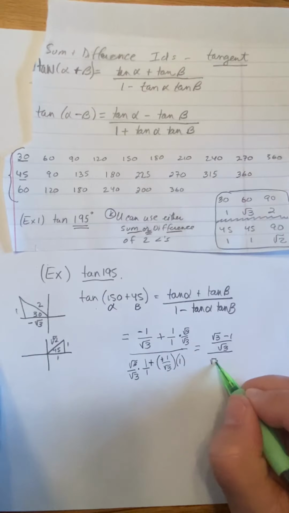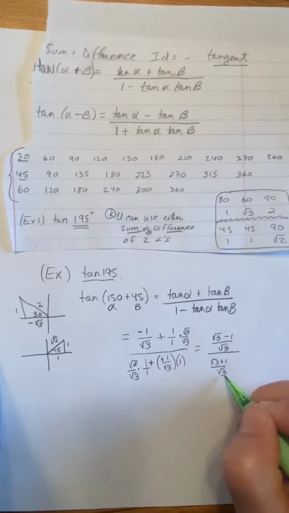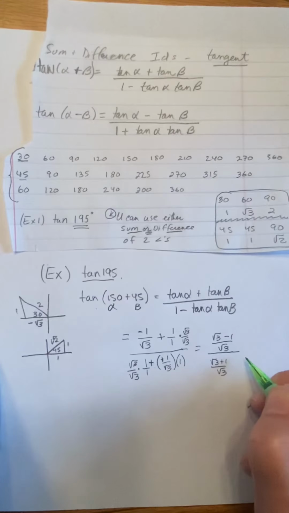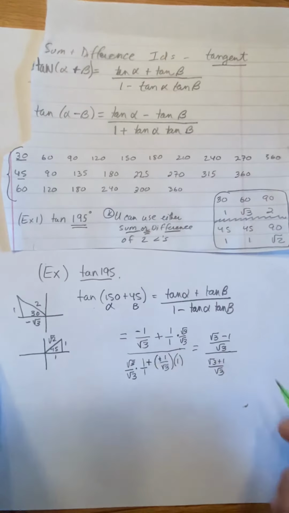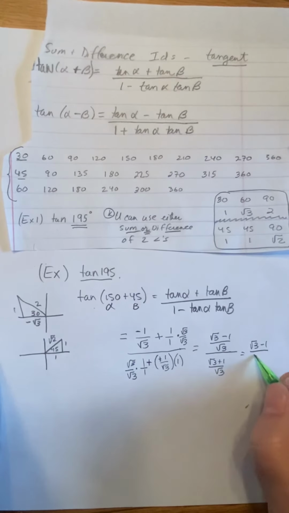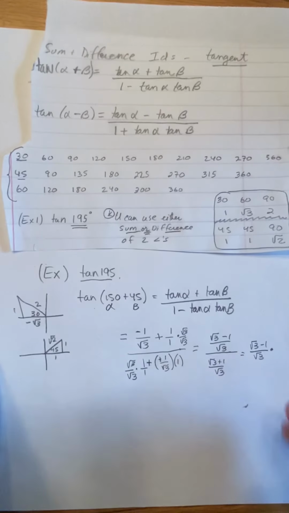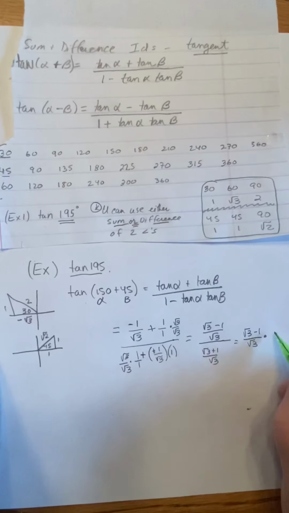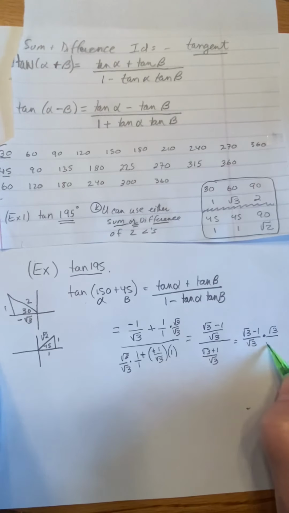So I have radical 3 plus 1 over radical 3. Given a complex fraction, we will now multiply by its reciprocal, which will be radical 3 minus 1 divided by radical 3 times radical 3 all over radical 3 plus 1.